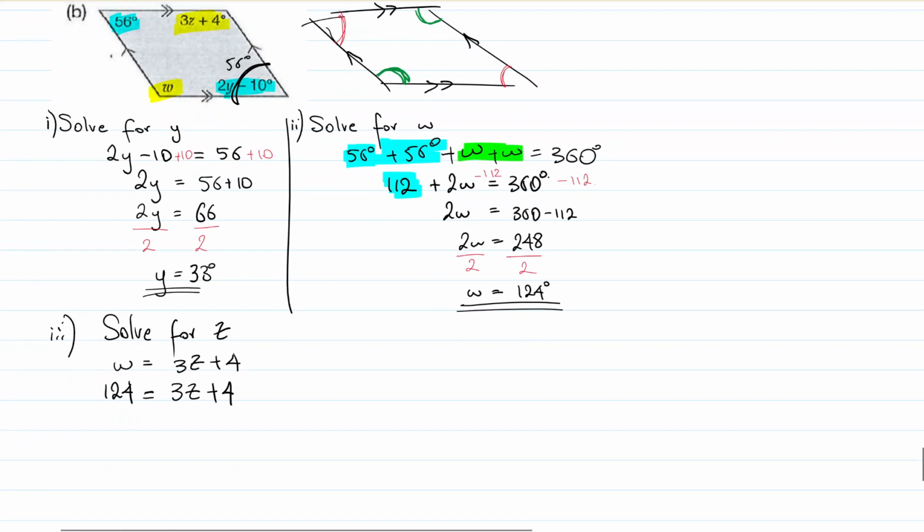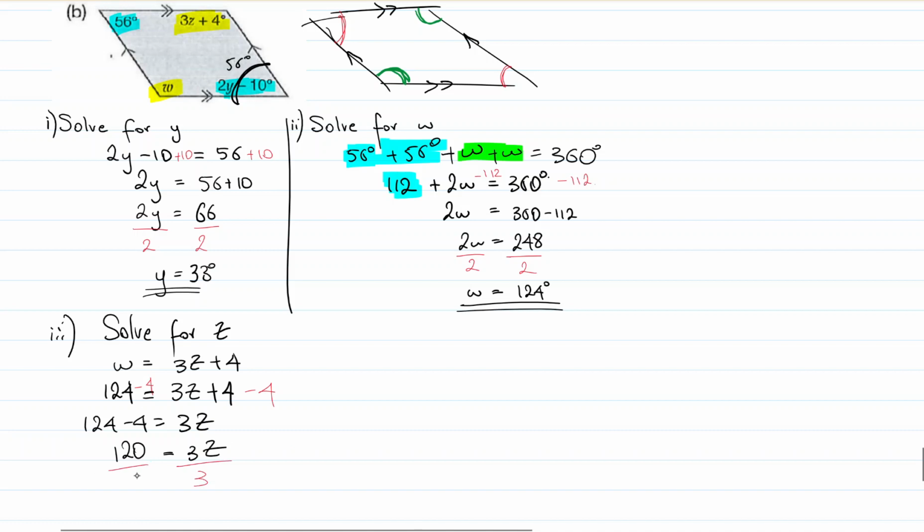Now, what I want to do is subtract 4 on both sides so I can get rid of this 4 on the side of that Z. If I do that, I get 124 minus 4 equals 3Z. Because that 4 would cancel out. 4 minus 4 is 0. Then I've got 120 equals 3z.